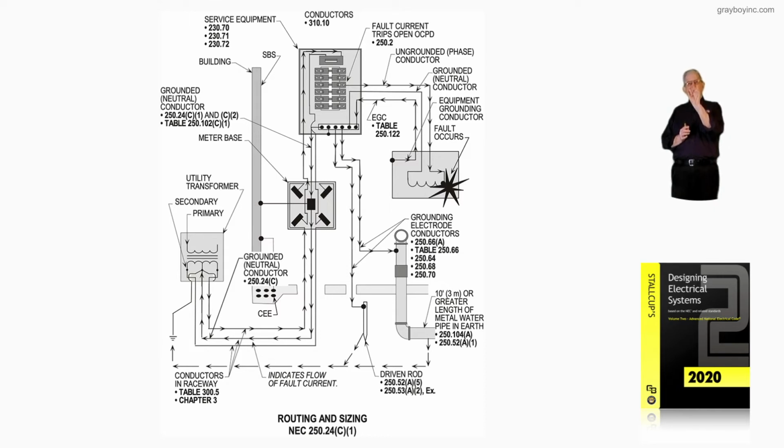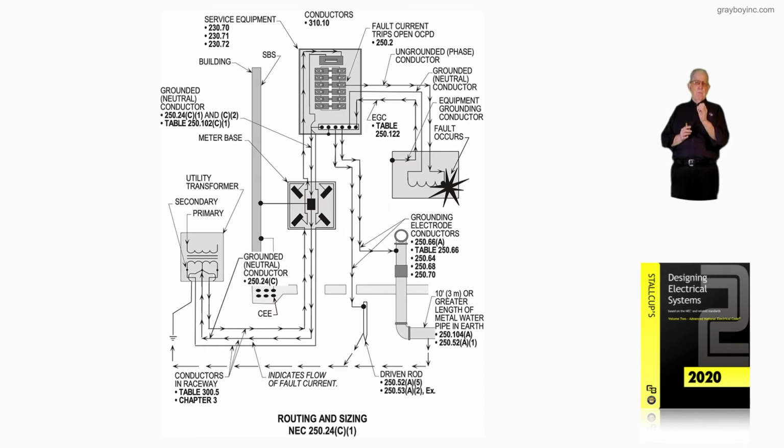So we would take the 4 as we previously have stated a number of times, and that would be a number 2 routed through the meter and connected to that grounded bar for an effective ground fault path, and that's sizing.